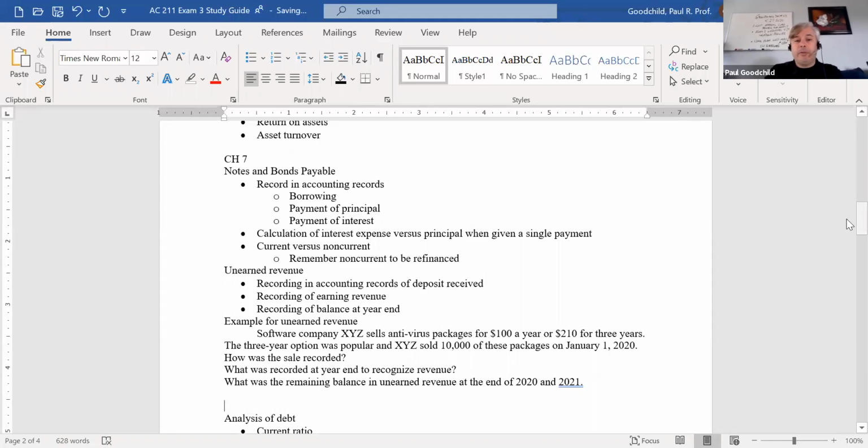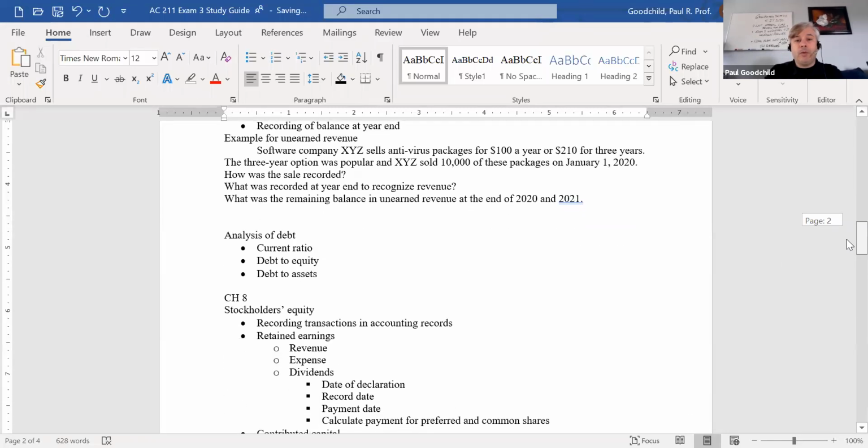I'm going to scroll up a little bit. Okay. So we got a company sells antivirus packages for $100 a year or $210 for 3 years. 3-year option was popular, and XYZ sold 10,000 of these packages on January 1, 2020.